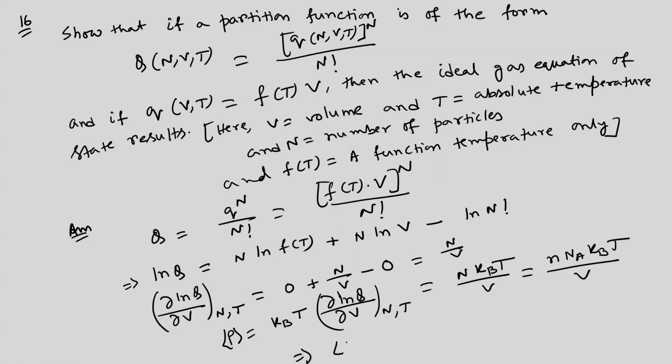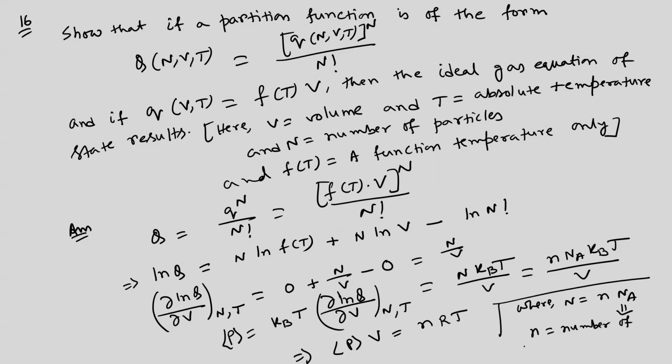So, we get average pressure times volume is nRT, where capital N is nothing but small n times Na, small n is the number of moles, and Na is the Avogadro's number.